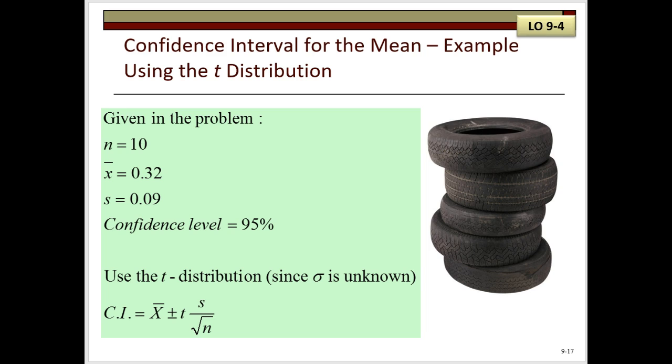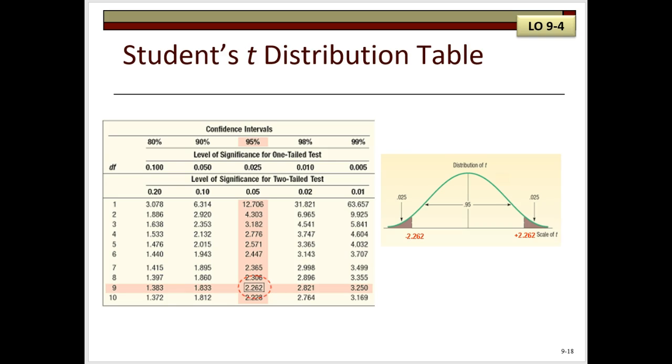To compute the 95% confidence interval for the true mean tread thickness, we will be using the t-distribution since the population standard deviation is not known. But before we apply this formula to compute the confidence interval, let's see how we obtain the t-value for a 95% confidence level. We'll demonstrate this on the next slide. To obtain the t-value for a 95% confidence estimate, we look at the t-table given a 0.05 level of significance for a two-tailed test, or simply looking up the 95% confidence interval and the degrees of freedom of 9.